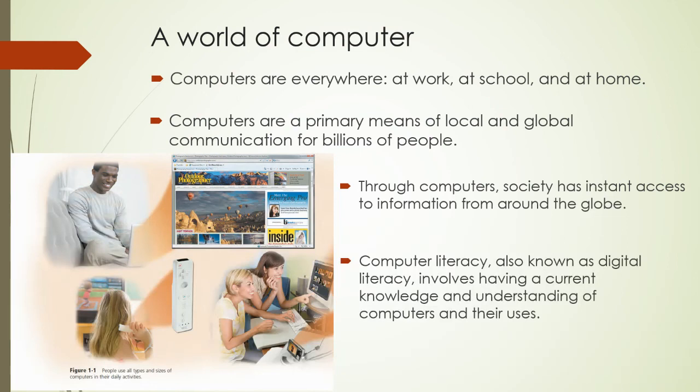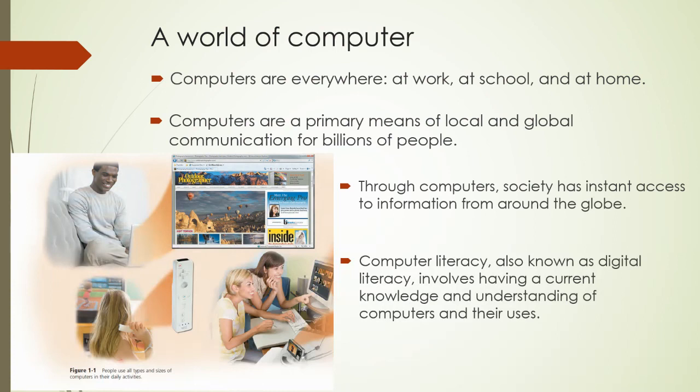So through the computer, our society has instant access to all information around the globe using the internet. And local and national news also, which we can access even if we have no cable at home, because we have access to the internet even on our mobile phone.